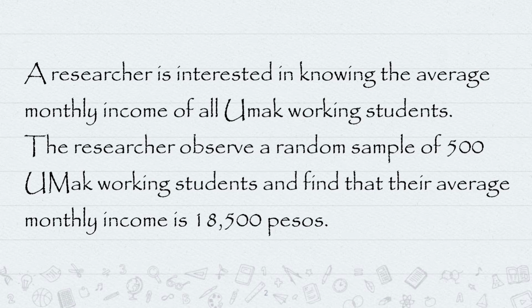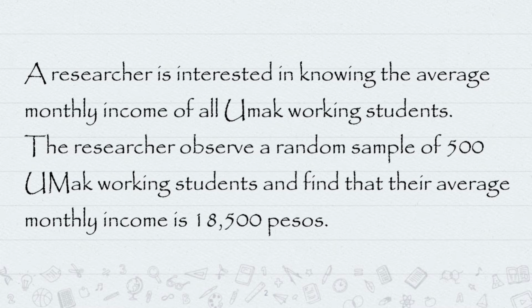Let's make it clearer with an example. A researcher is interested in knowing the average monthly income of all UMAC working students. The researcher observed a random sample of 500 UMAC working students and found that their average monthly income is 18,500 pesos.